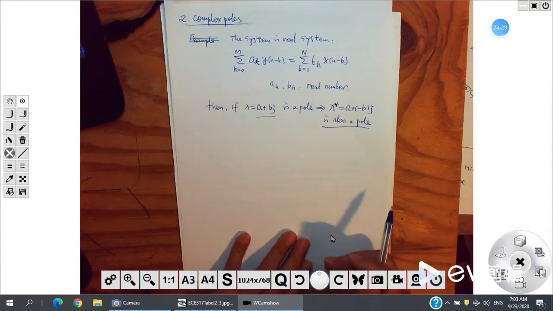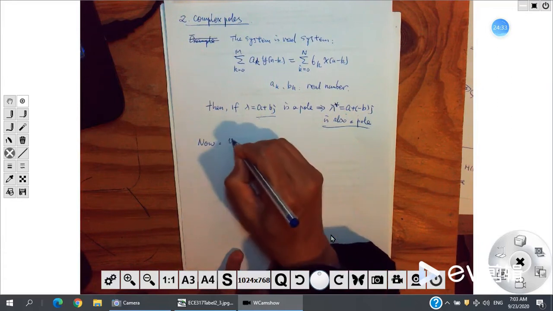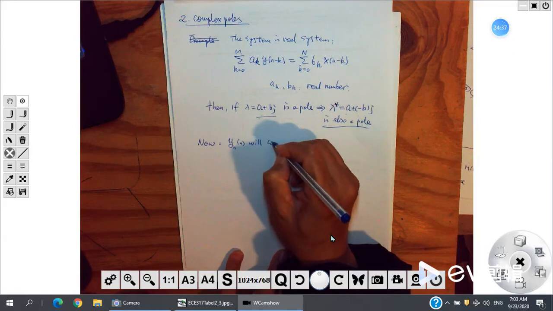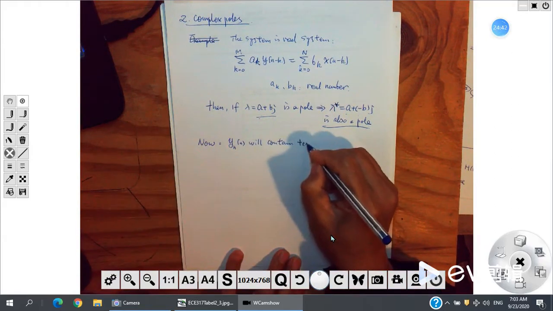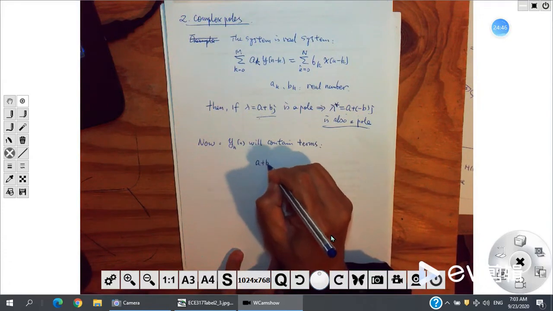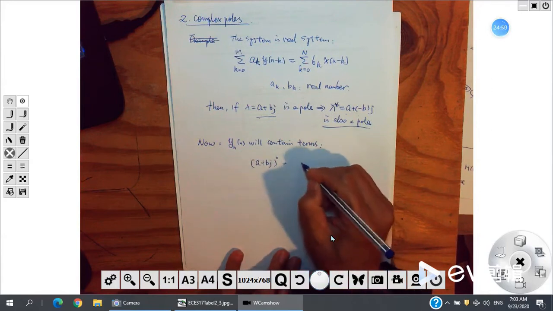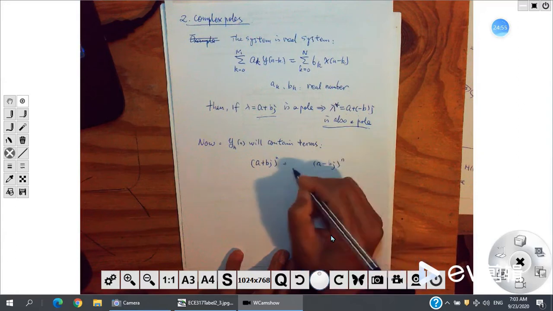Now y_h of n will contain a term: a plus bj to the n with a coefficient, and a minus bj to the n with a coefficient.